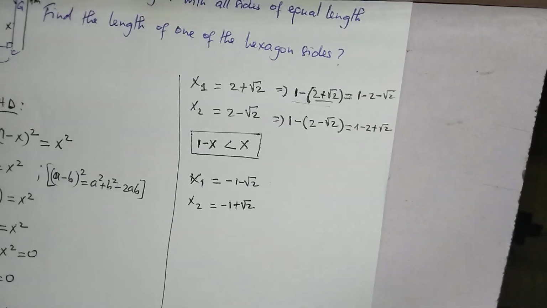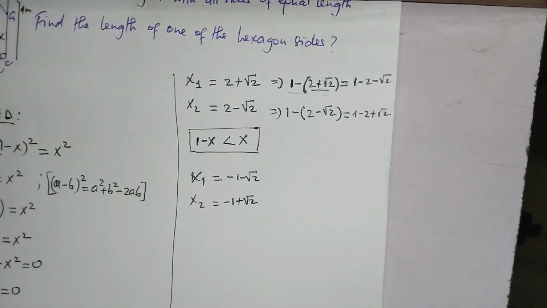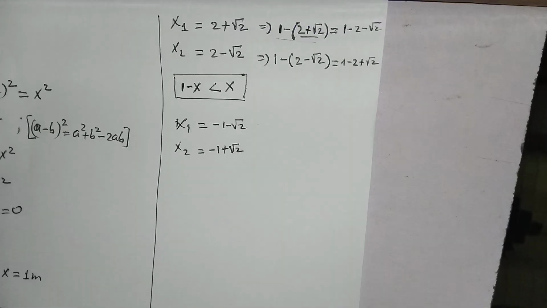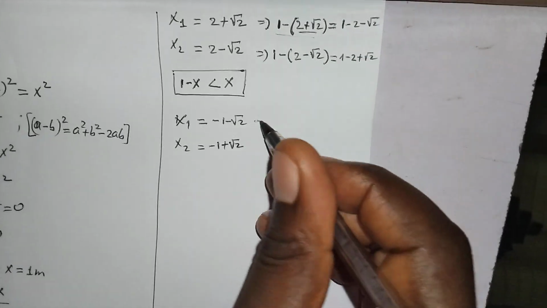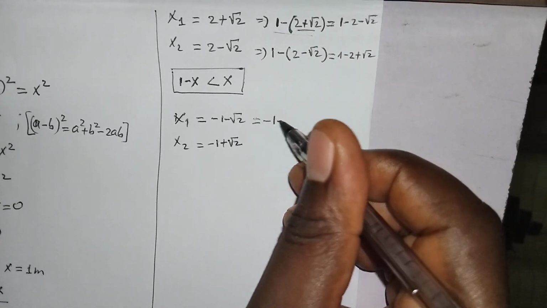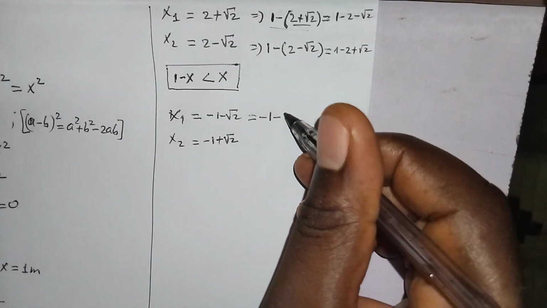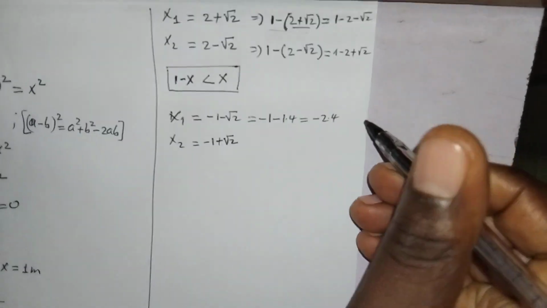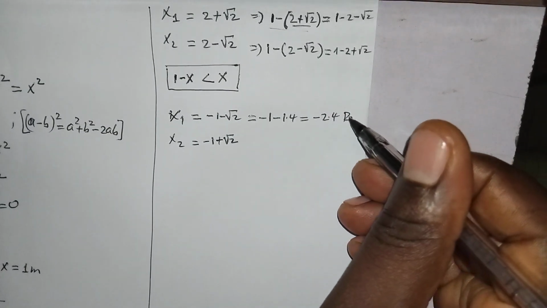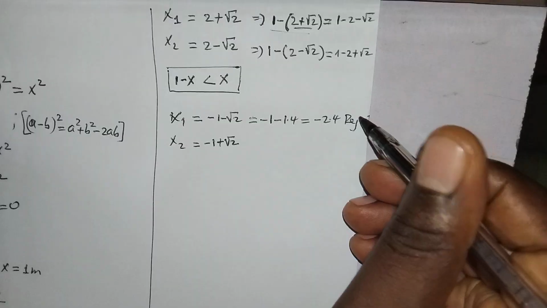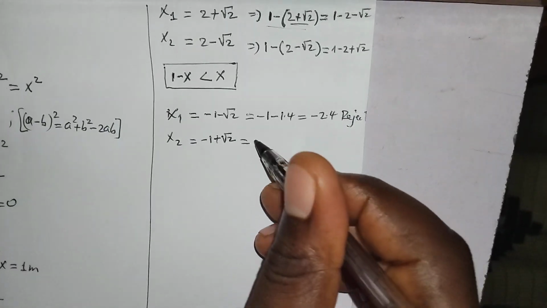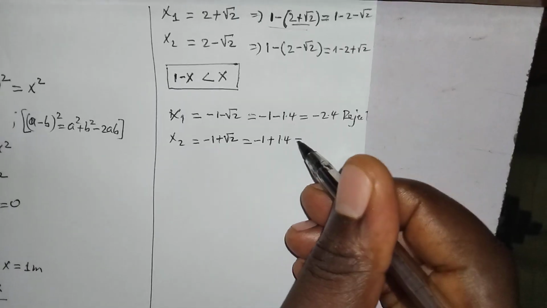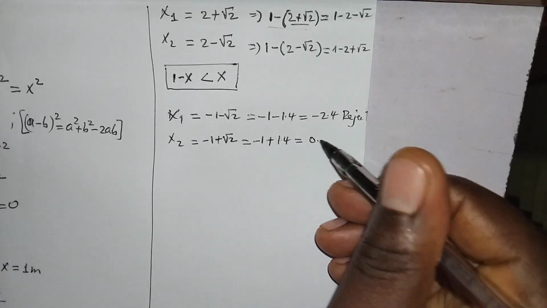Square root of 2 is about 1.4, let's check. This is negative 1 minus 1.4, which is negative 2.4. This is rejected. And here it is negative 1 plus 1.4, which is 0.4.